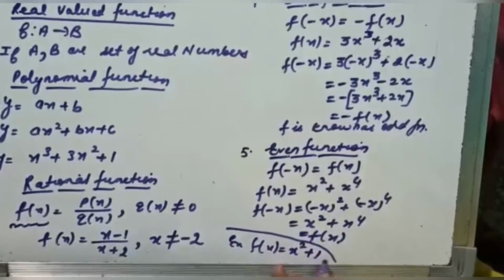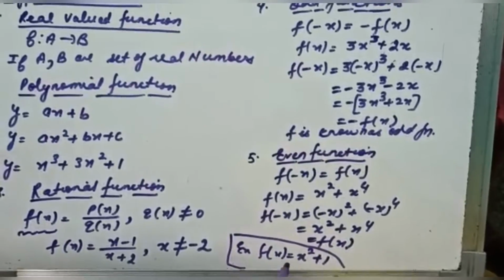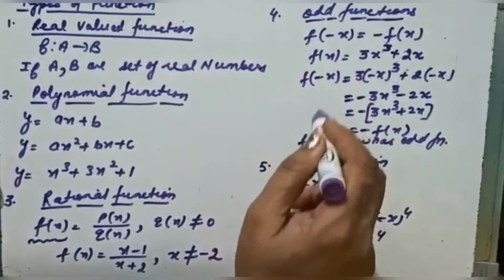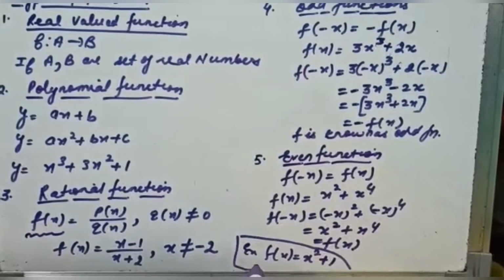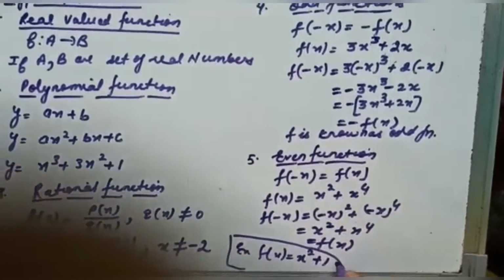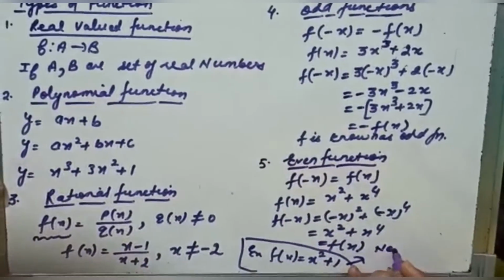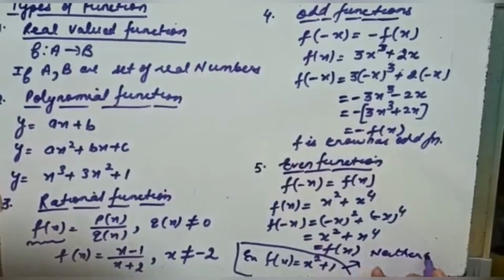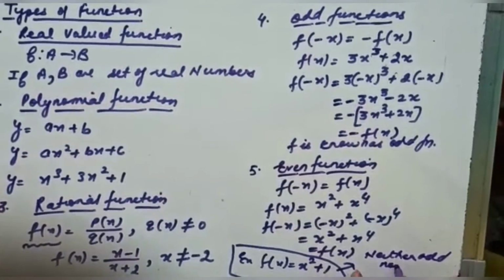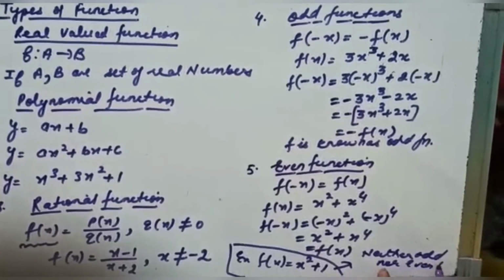In this example, if you replace x by minus x, it is neither this situation nor this situation. So it is neither odd nor even. So this function is neither odd nor even function.